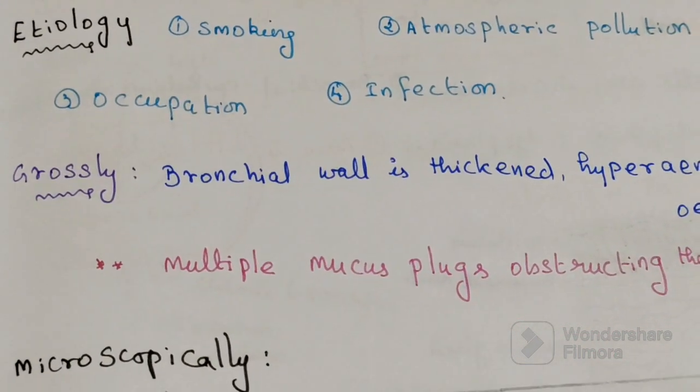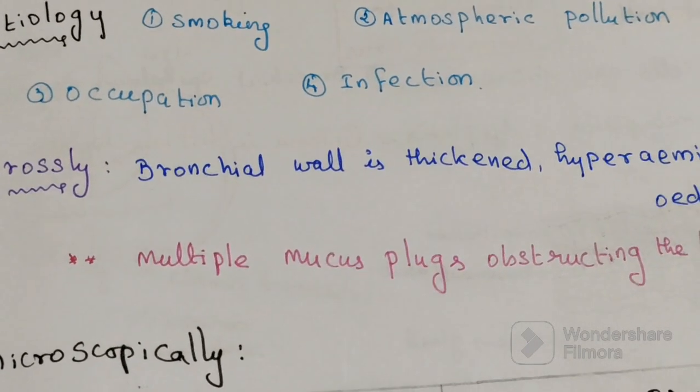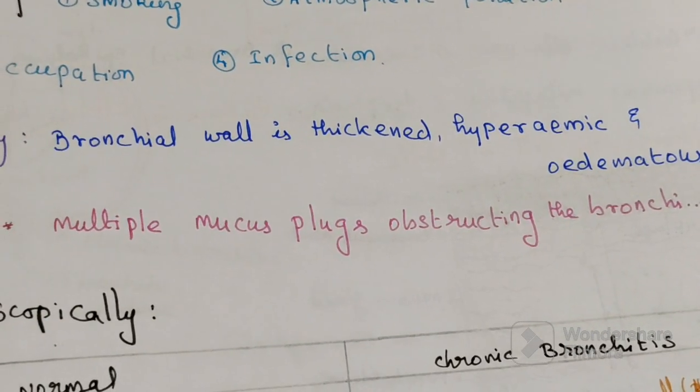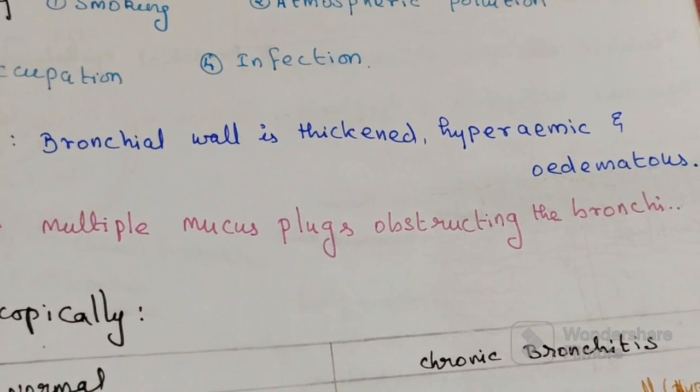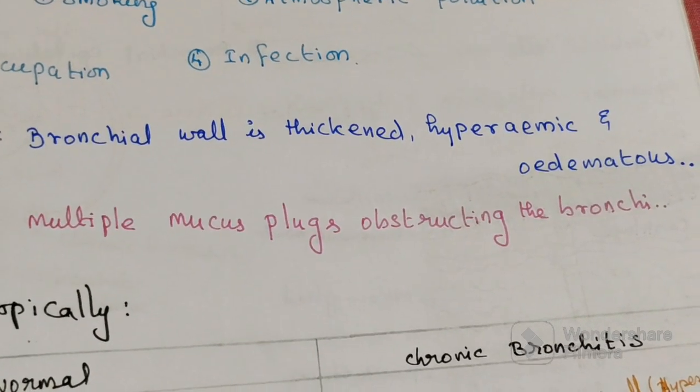Grossly, the bronchial wall is thickened, with multiple mucus plugs obstructing the bronchi.